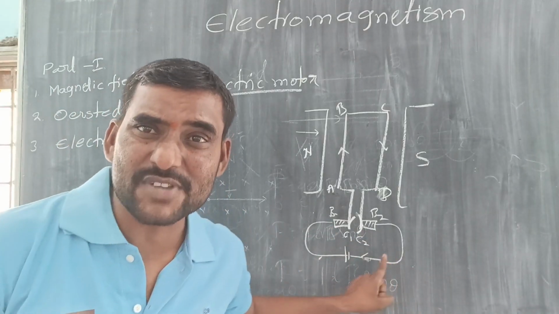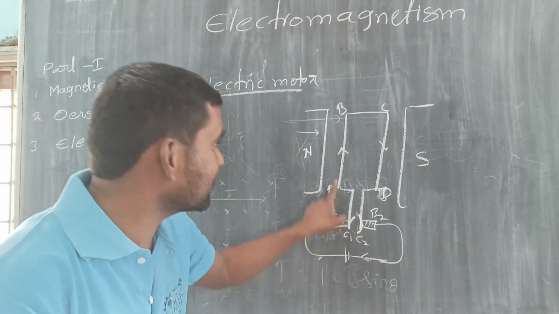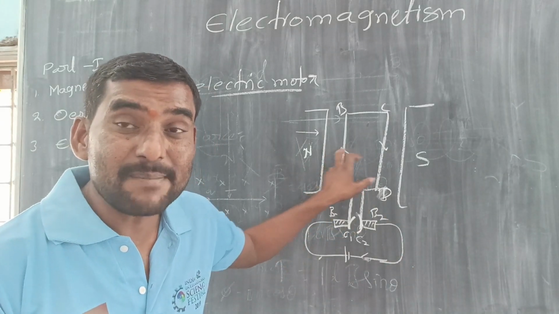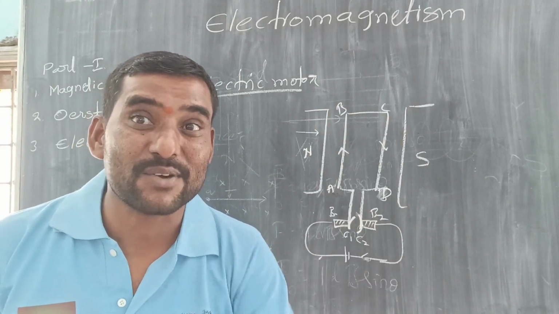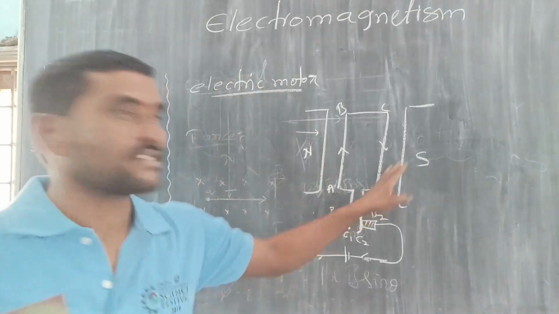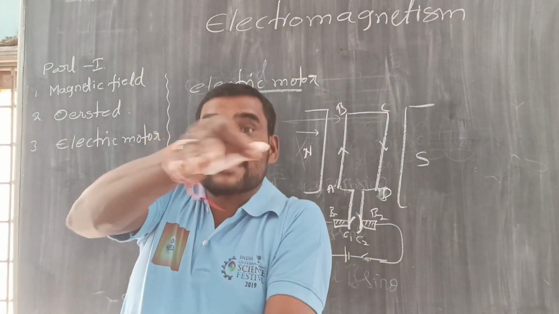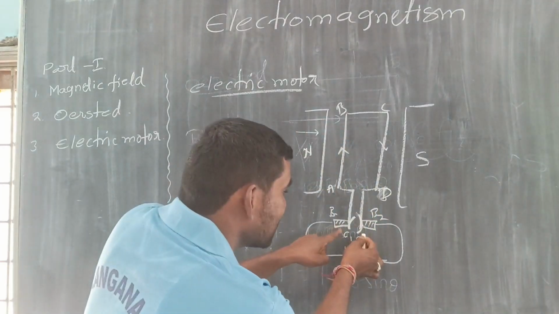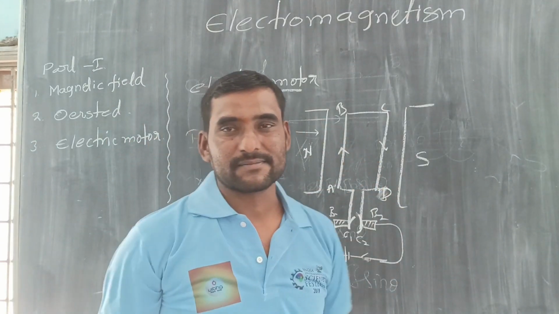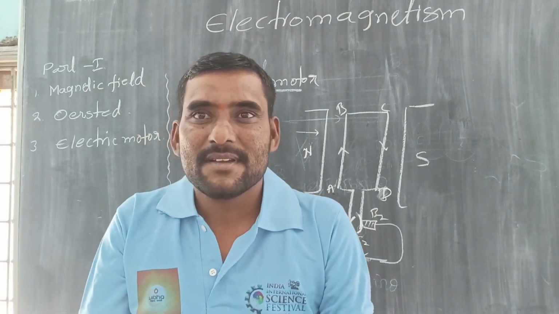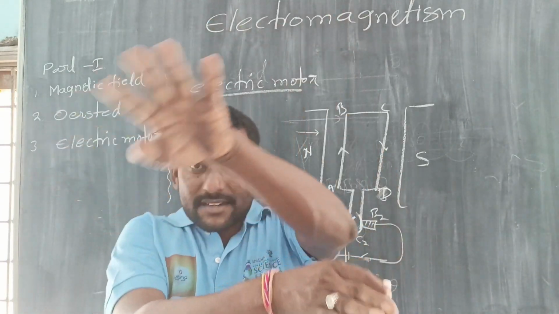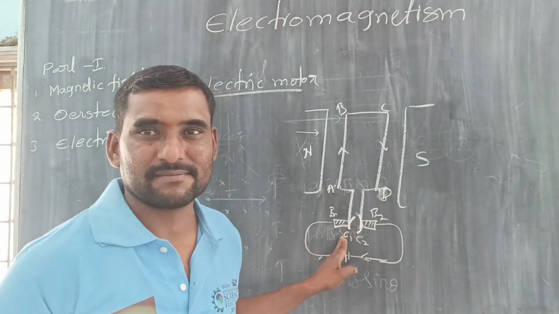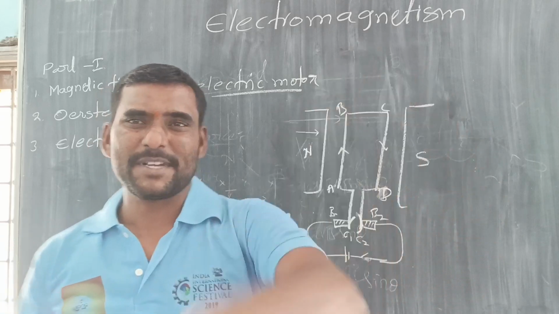Working is very simple. When I switch on, the current passes through B1, C1 to AB and CD, then C2, B2. In AB and CD, the current directions are opposite. According to the left hand rule, AB is pushed down and CD is pushed up, so it rotates in the anti-clockwise direction. When it rotates 90 degrees, C2 goes up and C1 comes down, and the current may cut off. But due to inertia of motion, C2 again comes into contact with B1, then C1 with B2.